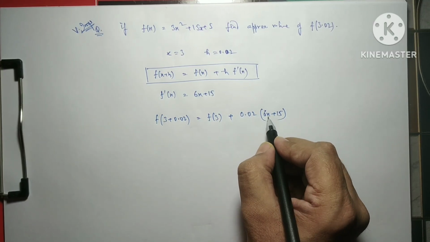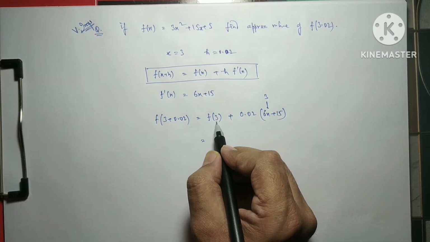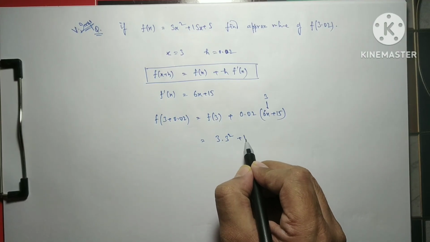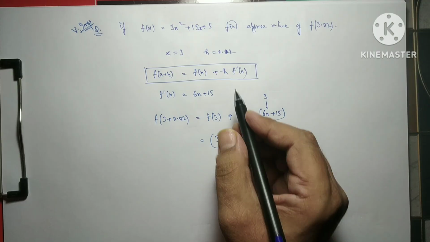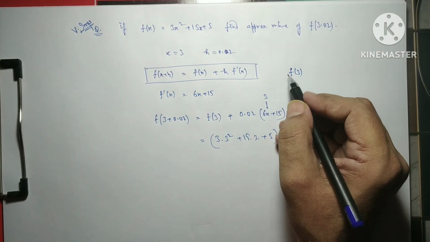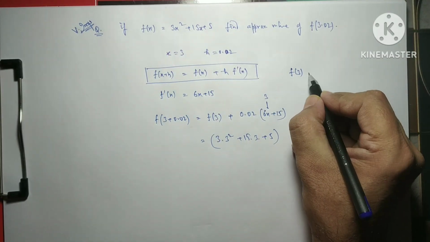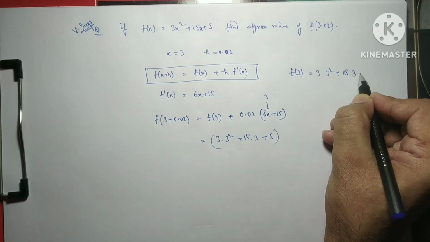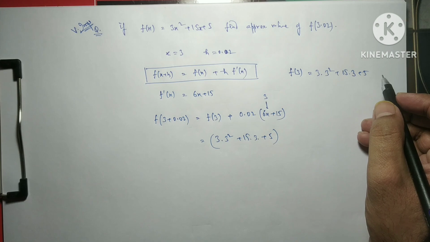Put the value of x as 3. So f(3) means 3 into 3 square plus 15 into 3 plus 5. This is the value of f(x). Put x as 3 in this expression, so it is 3 into 3 square plus 15 into 3 plus 5.